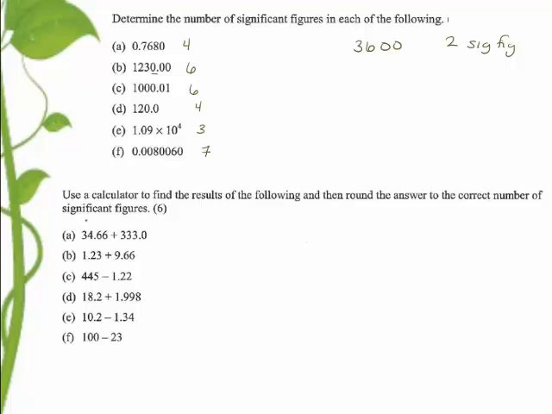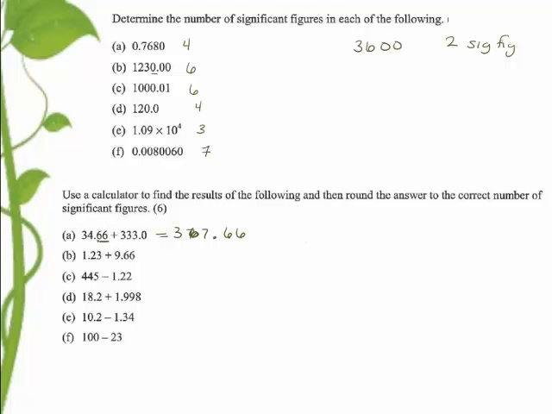Okay. Now I'm going to add these together on the calculator, and I'm going to give you my actual answer, and then I'm going to round it to the right number of significant figures. So when I add 34.66 plus 333, I get 367.66.